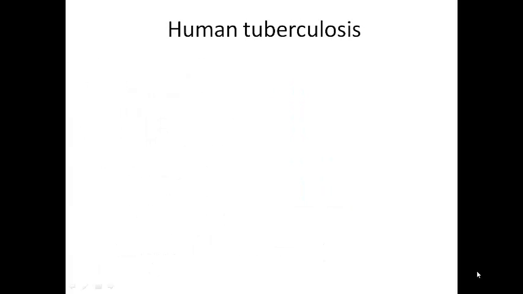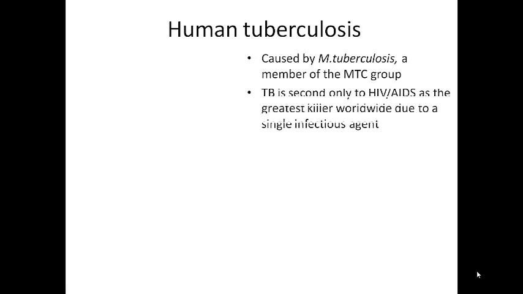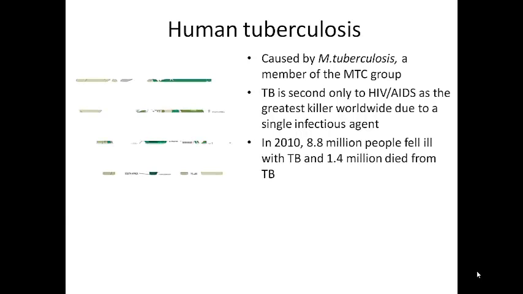Human tuberculosis is actually the big brother to bovine tuberculosis. This is caused by Mycobacterium tuberculosis, which is also in the Mycobacterium tuberculosis complex group. It is second to HIV as the number one killer due to a single pathogen.